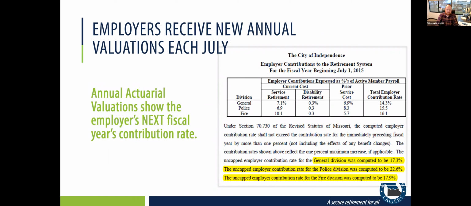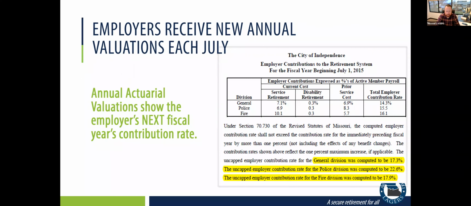So then the other component, just so you kind of know, this is an example of an employer. It's actually the City of Independence in July of 15. This is an example of a valuation that's sent out, and they're issued in July of every year.